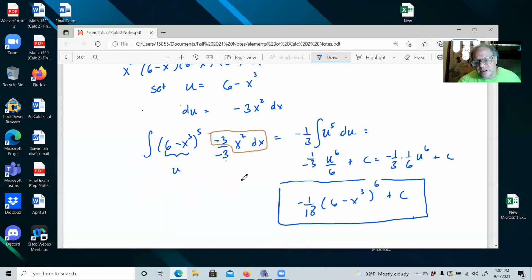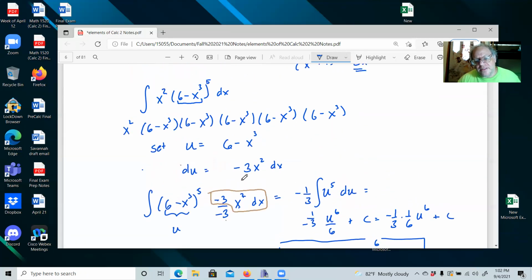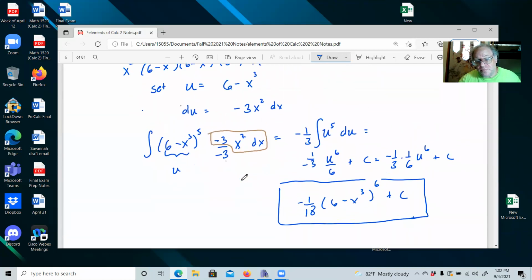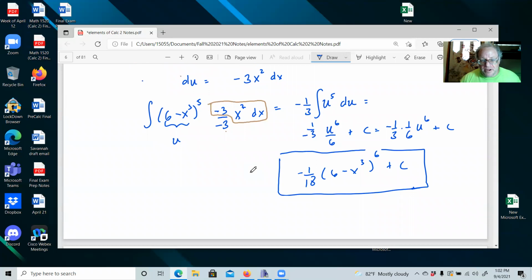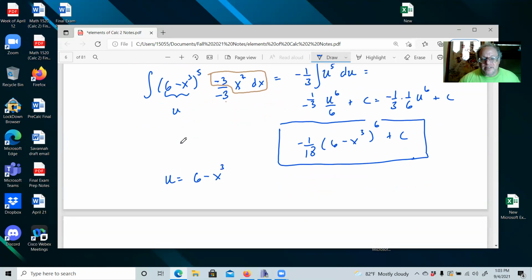Now, this is the way I learned how to integrate, and the way I tend to use. The engineering book shows you a slightly different method. What they do is pretty much the same idea. So 6 minus x cubed, and when they say their du, this is negative 3x squared dx.